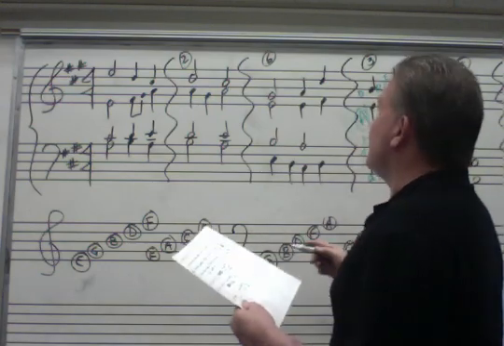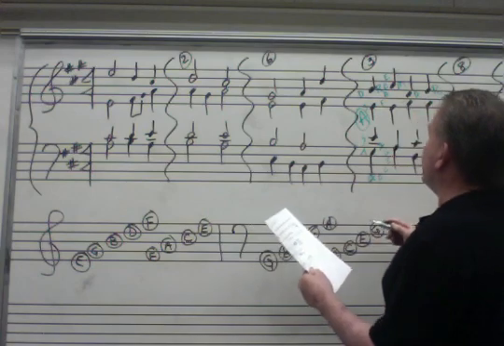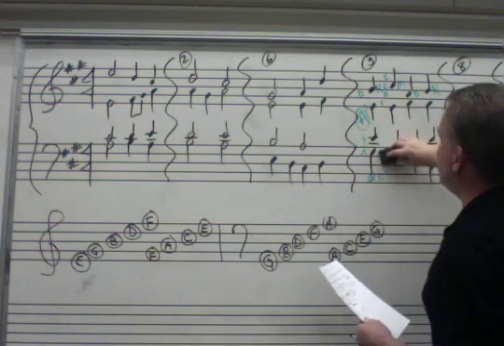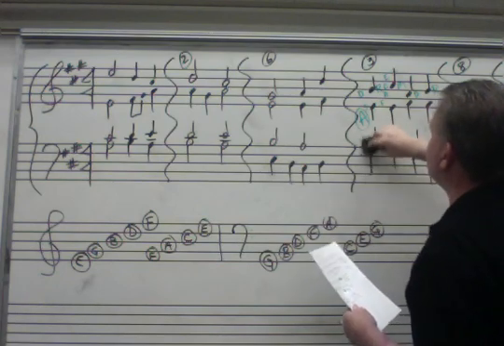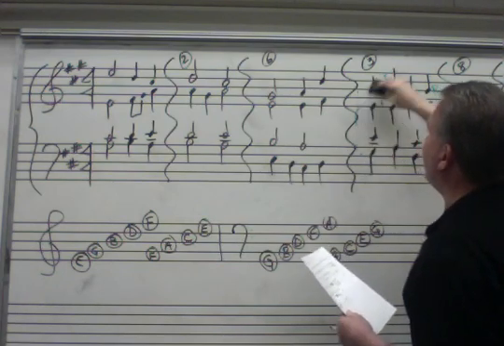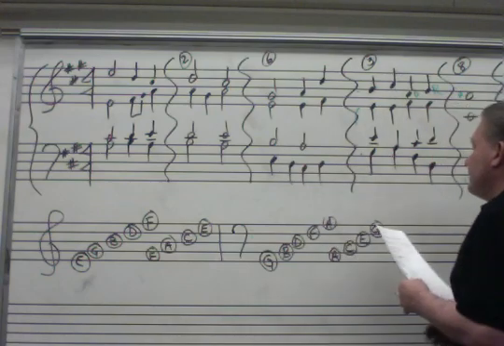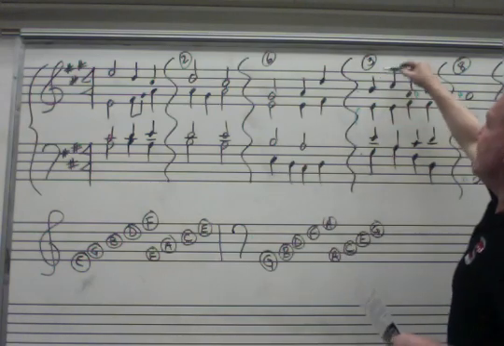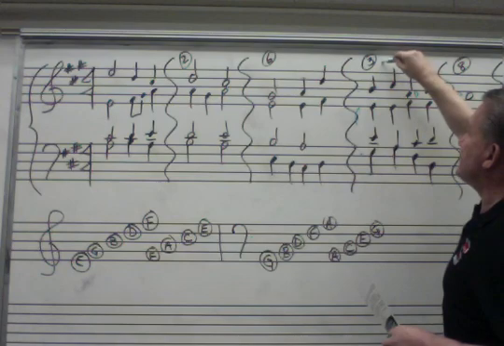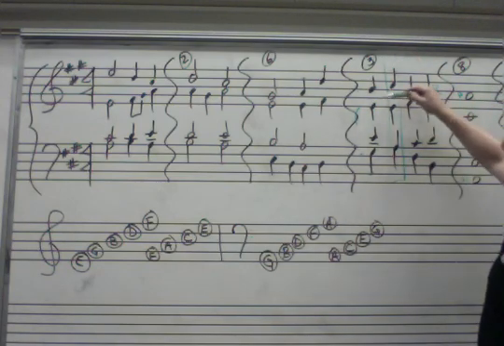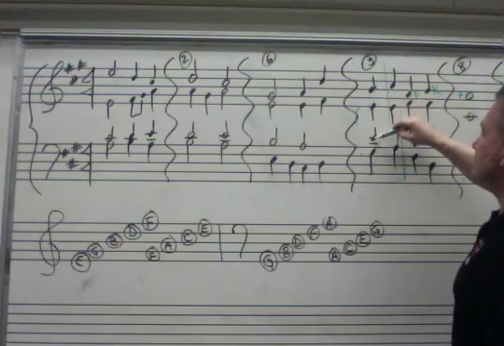Next one. Why are there only 3 notes on the second beat of measure 3? So let me get this stuff out of the way so we can see what beat we're talking about. So here's measure 3. Here's the second beat. Okay, so we're talking about this right here. So see how here there's soprano, alto, tenor, and bass.